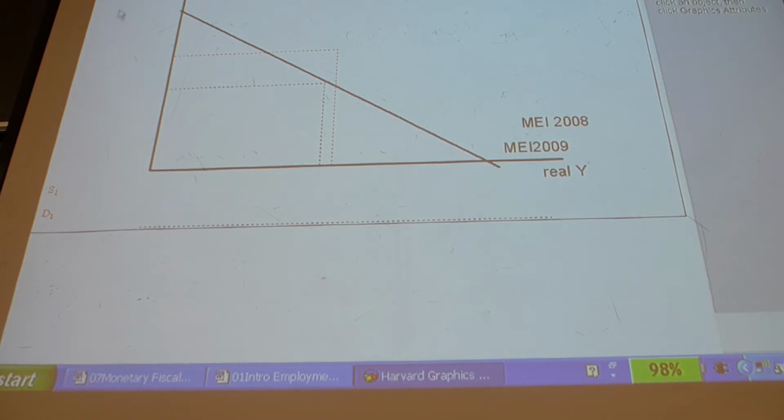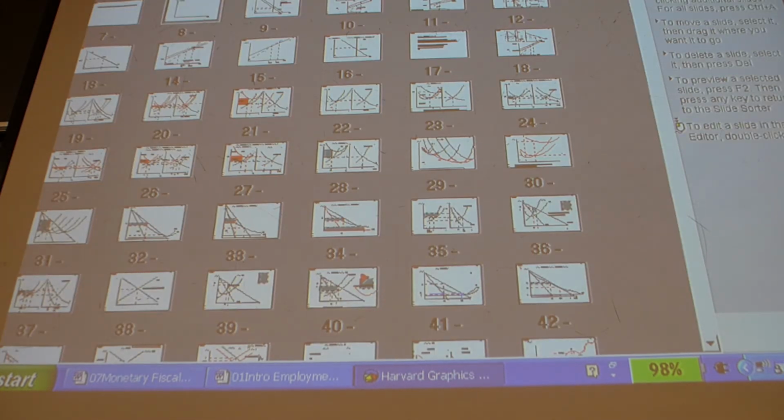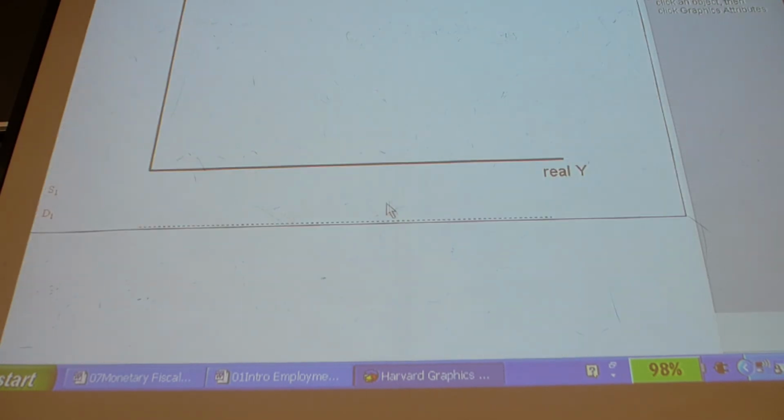So, let us begin. All right, we're going to go with 3 diagrams. Everybody, I'll get rid of this.